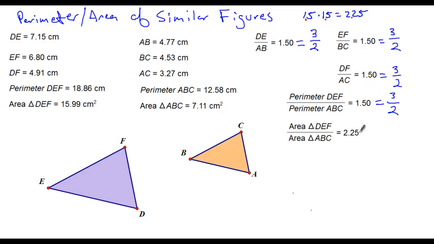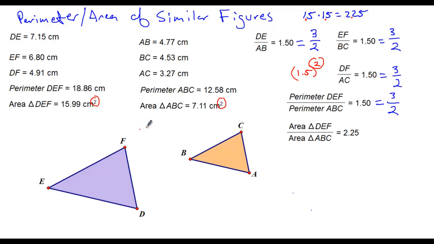So effectively, what happened here is our 1.5 ratio got squared. That's convenient for us because area is always squared.